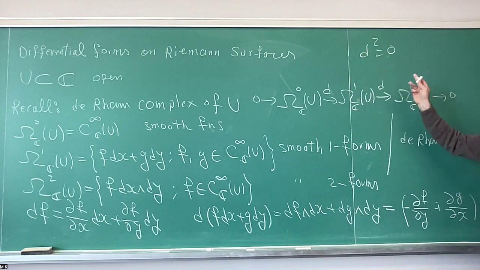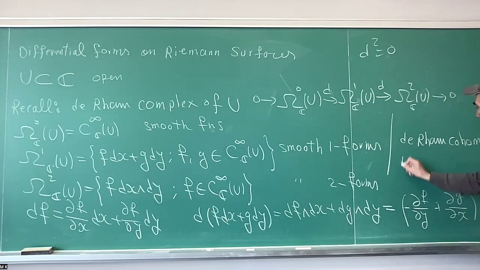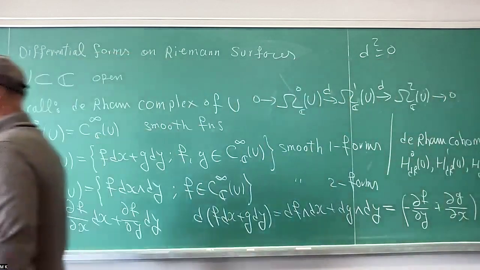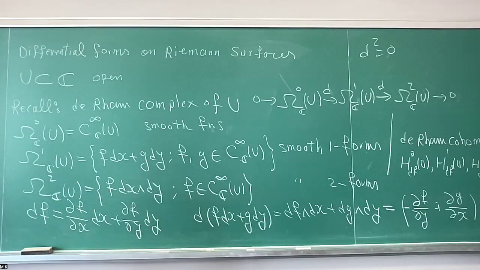So we have three groups: H0, H1, and H2, that is, H0 de Rham of U, H1 de Rham of U, and H2 de Rham of U. And I told you that by a big theorem of actually de Rham himself, this turns out to also give the simplicial or the singular homology of the space.